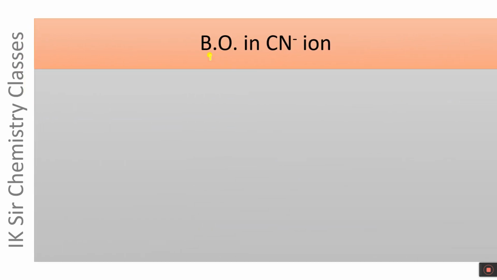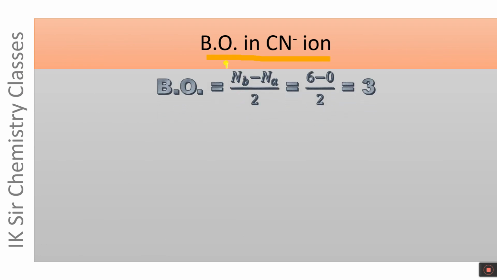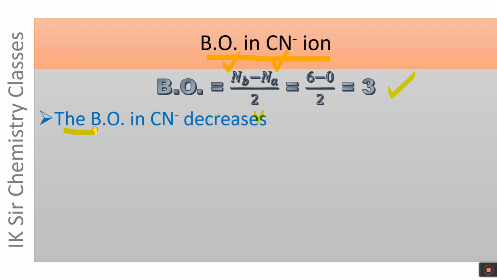Bond order in CN minus ion is given by number of electrons in bonding MOs minus number of electrons in anti-bonding MOs divided by 2, and it is equal to (6 minus 0) by 2, that is 3. The bond order in CN minus ion decreases with increase in Na.